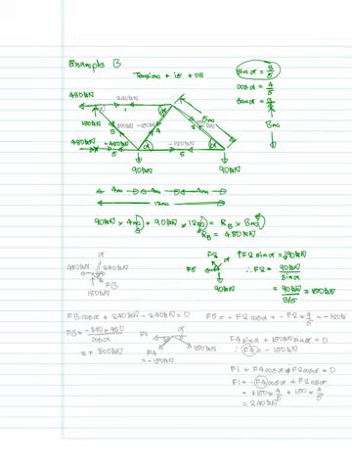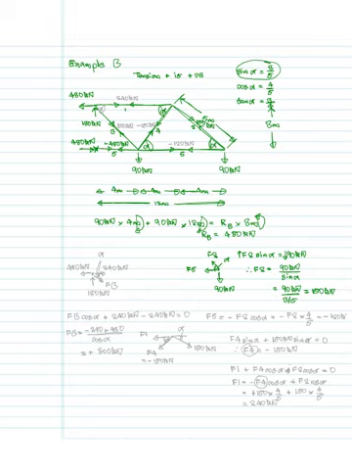So this force here is going to be in tension, and I might write 150 kilonewtons to show the value of the force. Now let's have a look at the horizontal equilibrium.